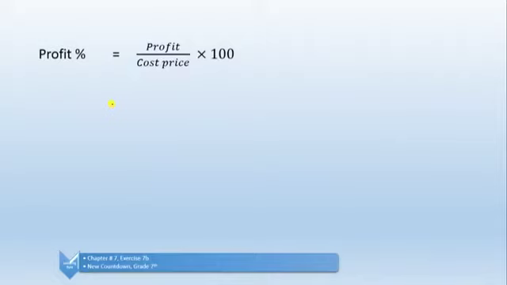Next, now we will have to find profit percentage, and for finding the profit percentage we will use this formula. Profit percentage is equal to profit divided by cost price multiplied by 100. So profit is equal to 130 and cost price is equal to 520 rupees multiplied by 100.